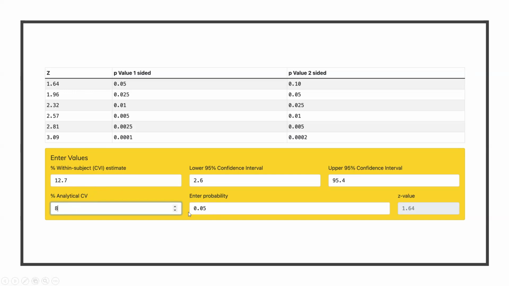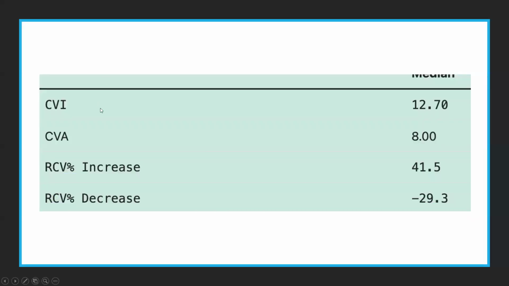I want to know with 95% certainty that a value that changes, if a patient has two of the same tests, is there actually a significant difference between the first test and the second test, or could it be accounted for by this within subject variation and the analytical imprecision? And you get something that looks like this.